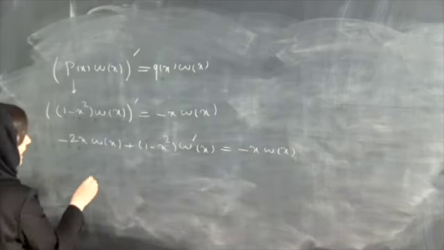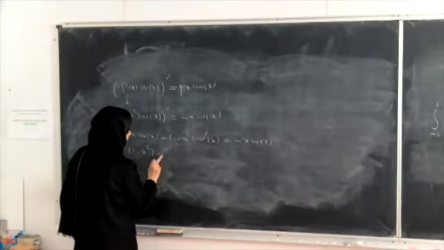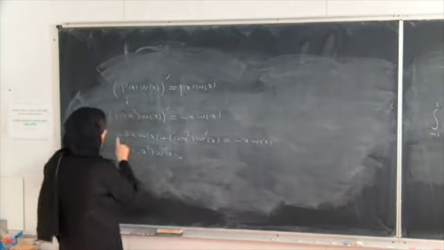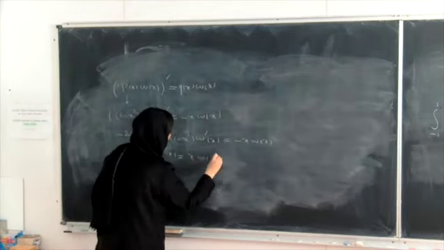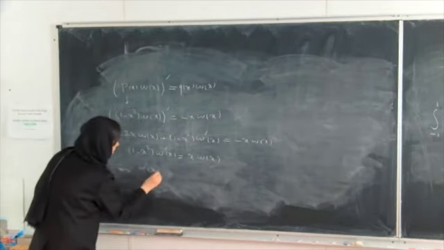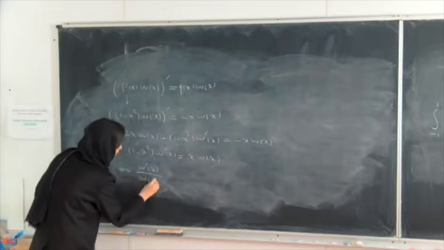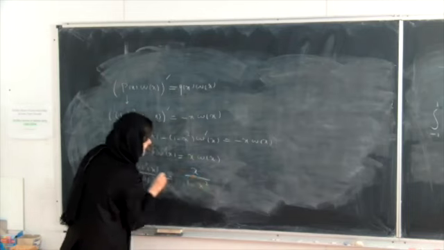So here we have 1 minus x^2 times the derivative of w equals x times w(x), and we can write w prime of x divided by w of x equals x divided by this.